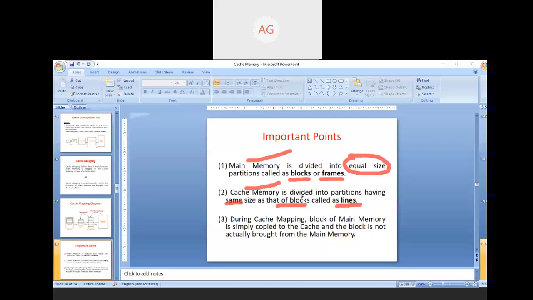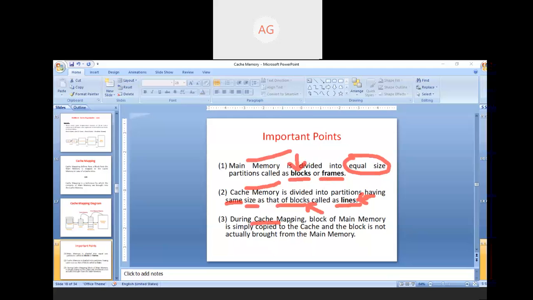So the blocks of the main memory and the lines of the cache memory have the same size, but in the main memory these are called blocks or frames, and in the cache memory these are called lines. So just remember the terminology. The terminology is different in main memory and in cache memory.